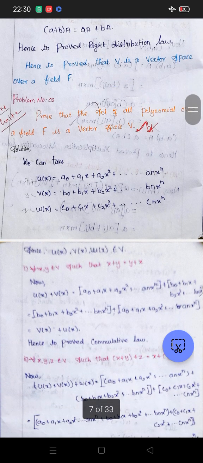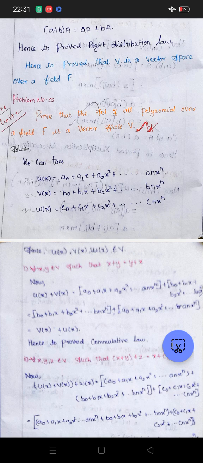Problem number 2 is: prove that the set of all polynomials over a field F is a vector space V. You can assume that V is a vector space over a field F having polynomials over a field F. So we can take 3 polynomials u of x, v of x and w of x.